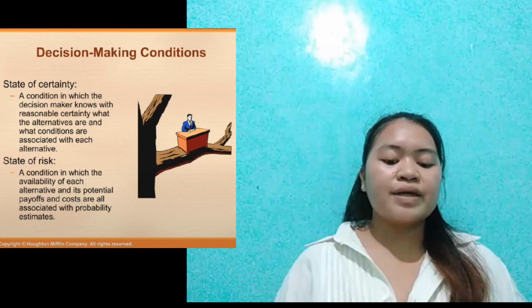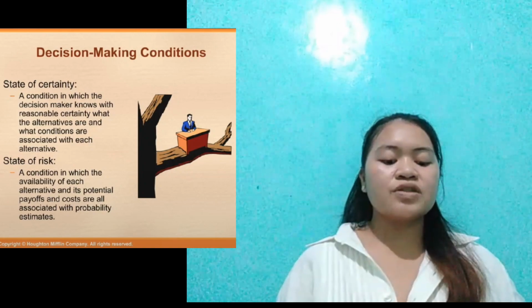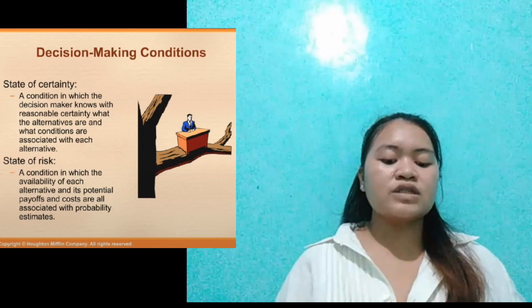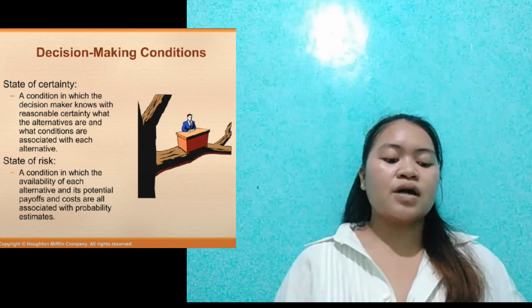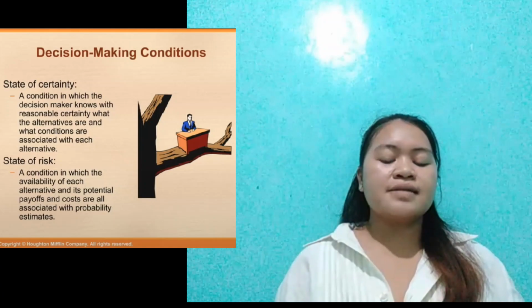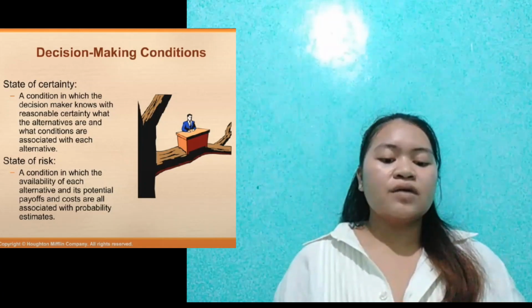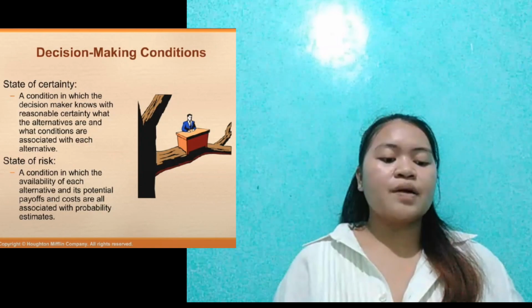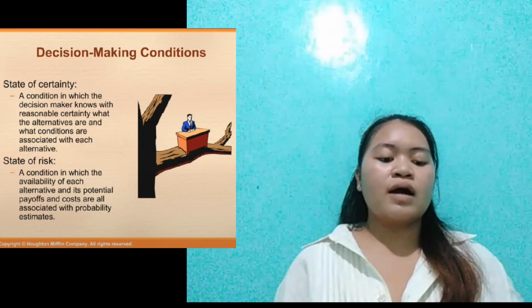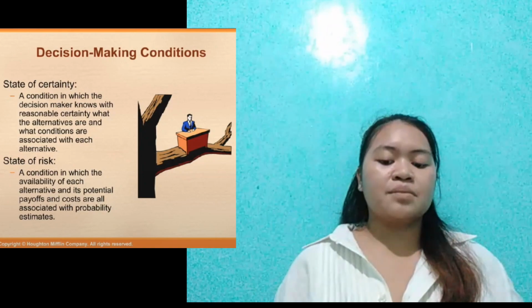A state of risk is a condition in which the availability of each alternative and its potential payoffs and costs are all associated with probability estimates. It says that risk involves possibilities that include a loss, catastrophe, or other undesirable outcome.